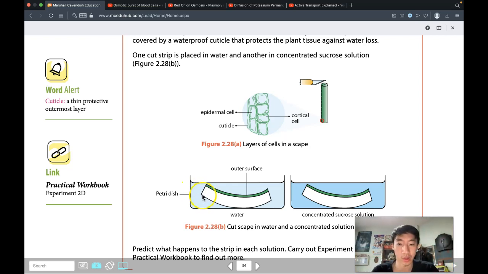Whereas if you put it into concentrated sucrose solution, water molecules will leave the plant tissue and the plant will shrivel up. So it will form even more of a C shape.